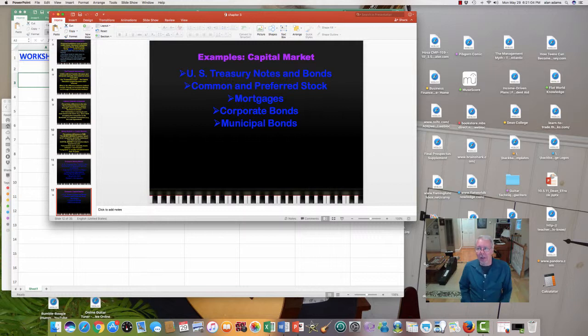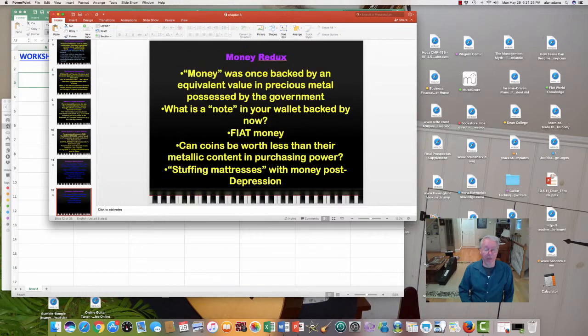And as the town collects tax revenues from Franklin taxpayers, then it will be able to pay off those bonds, the interest and the principal as they mature. Okay, so those are all examples. This is not an exclusive list, obviously, but these are examples of items in the capital market rather than the money market.